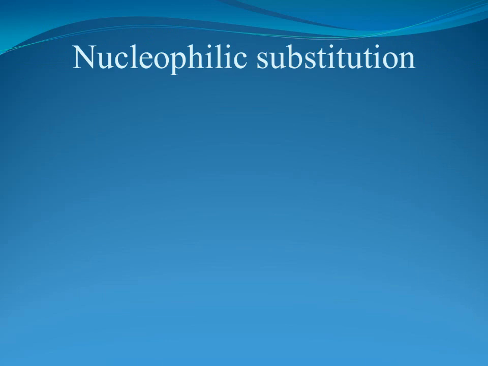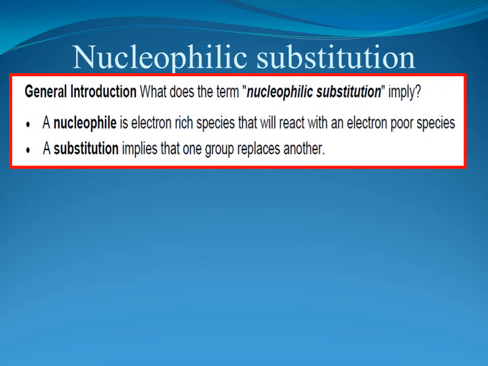Students, let us try to understand what this term nucleophilic substitution implies. A nucleophile, we already know, is an electron-rich species which is going to react with an electron-poor species, the electrophile. The word substitution implies that one group will be replaced by another group.